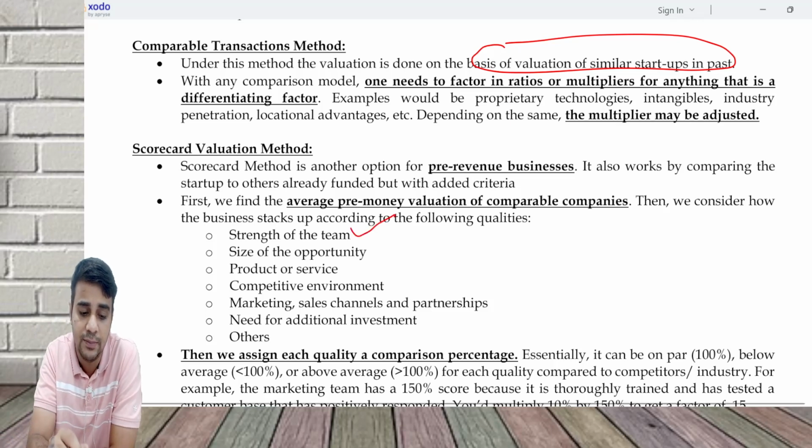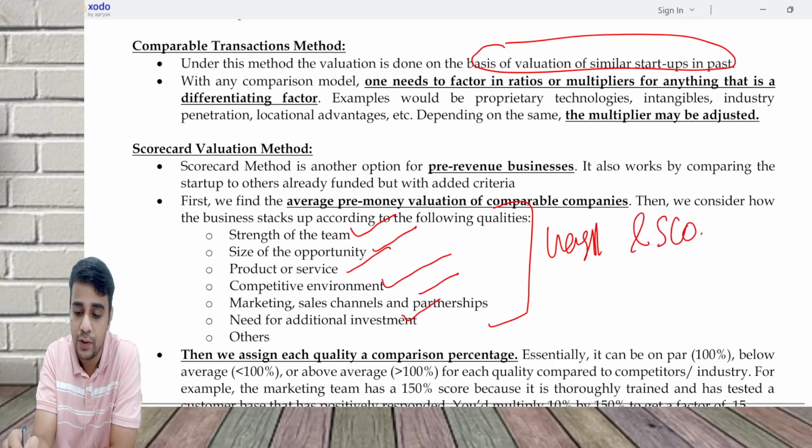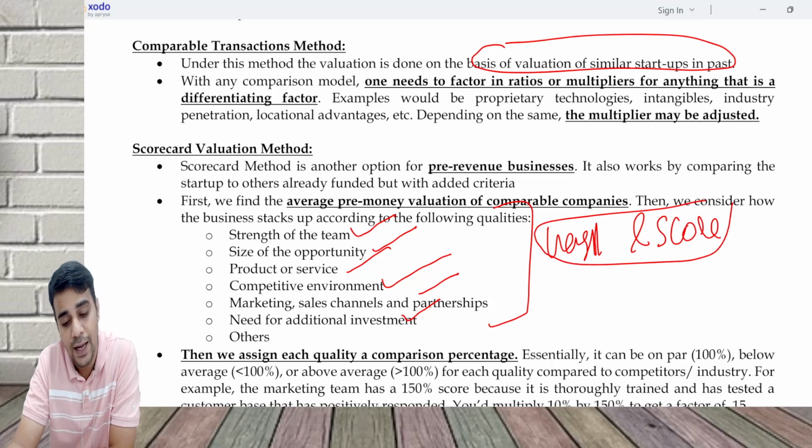So: strength of the team, size of the opportunity, product, competitive environment, marketing, need for additional investment. For each of these parameters, there will be a weight and there will be a score. Based on the weights and scores, you will arrive at an average valuation, and then arrive at the valuation of a startup.